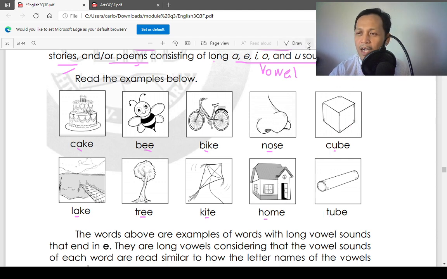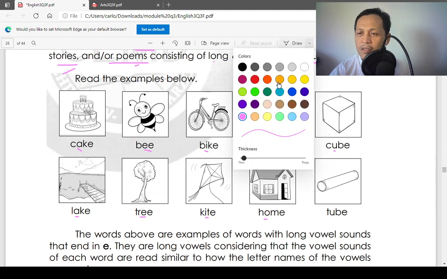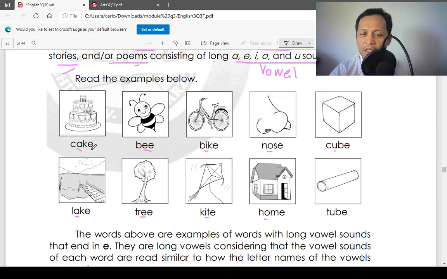Now, I want you to notice something. Please take note that all of the words given ended with the letter E. With the cake, with the bee, with the bike, with the nose, with the cube, with the lake, with the tree, with the kite, with the home, and with the tube.